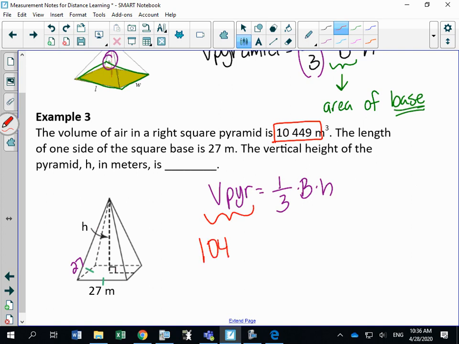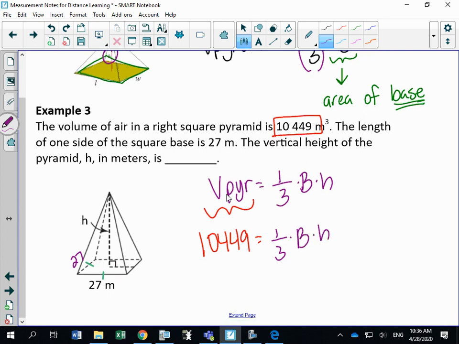So 10,449 is equal to 1/3 times big B times H. Then it tells us the sides of the square base, so I'm able to calculate what big B is. And the question is asking for the vertical height, so they want us to manipulate this to get what height is.